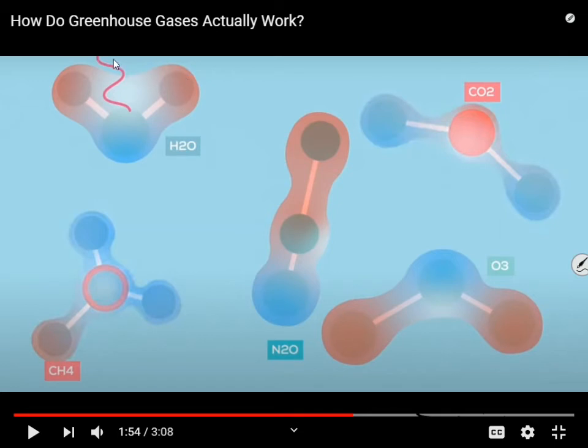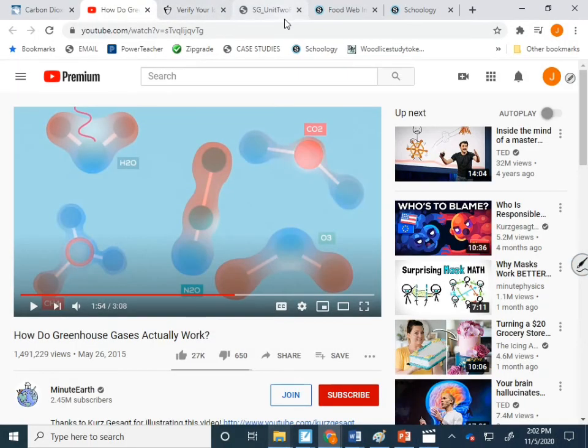It causes vibration and movement in the molecule, which allows the greenhouse gases to both absorb and then reflect the radiation that's coming in. So it's a little bit hard to understand, but basically it's the vibration and the movement of these molecules. And what I'm pulling up now is just another little demonstration of it zoomed in.